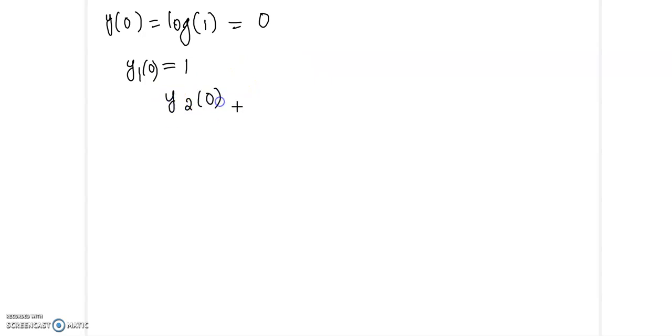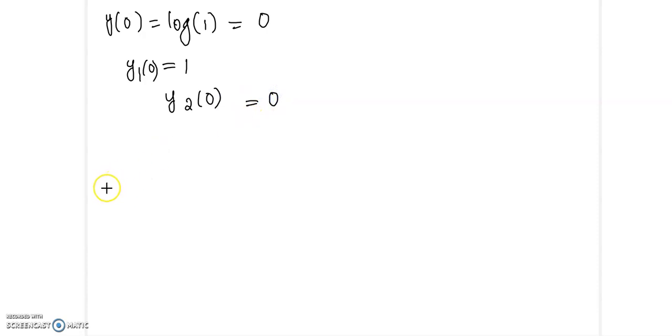When we take y at 0, we get log 1, which is equal to 0. For y1, y1 at 0 is 1, and from the expression for y2, y2 at 0 is equal to 0.